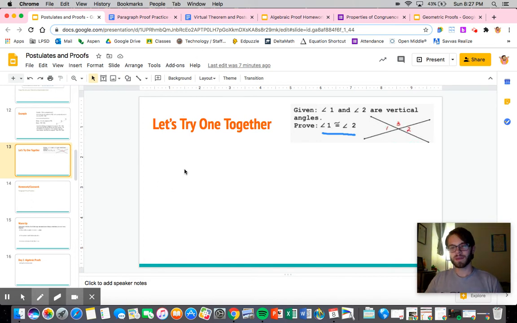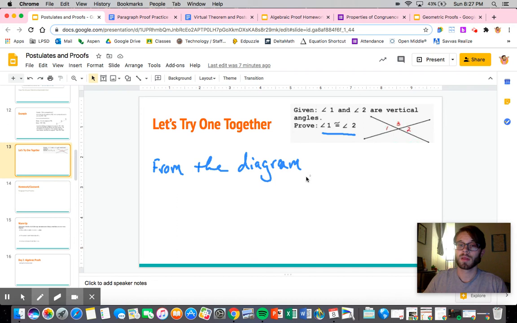But ultimately, this is kind of the process that you're going to be taking when you're doing the proofs. So again, we already know that these are given. So from the diagram, angle 1 and angle 3 are a linear pair.